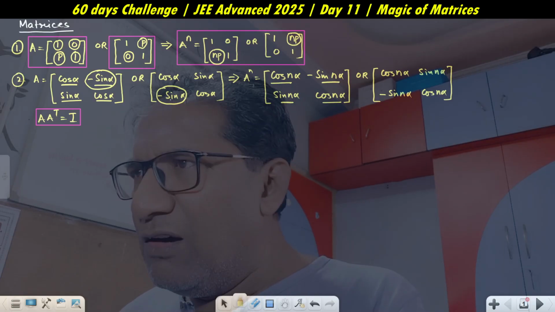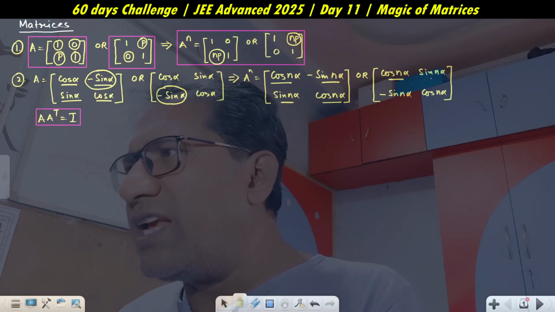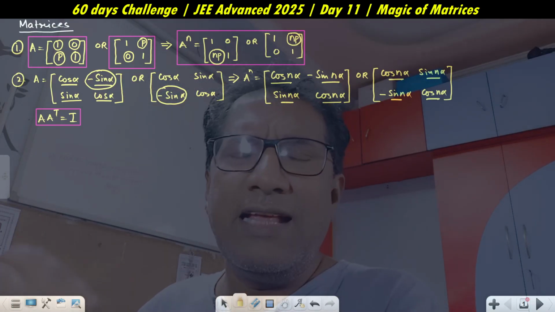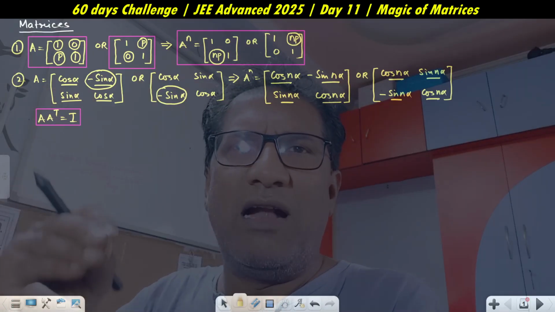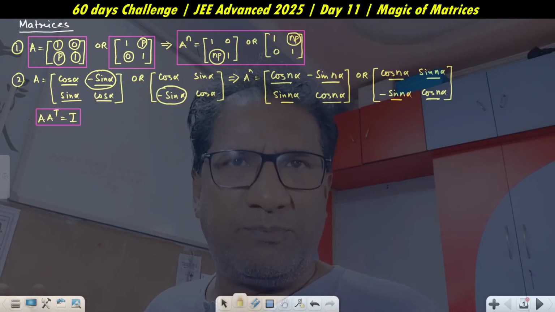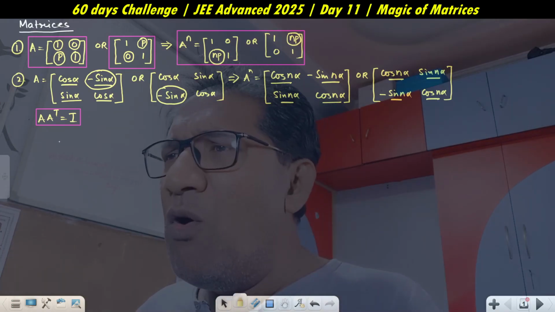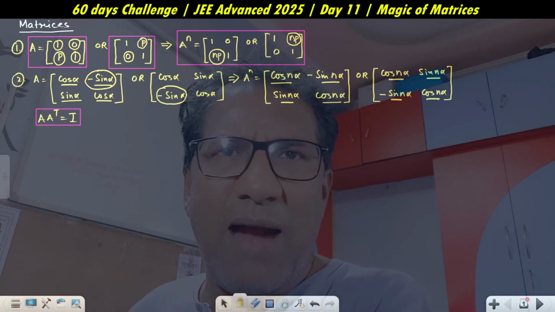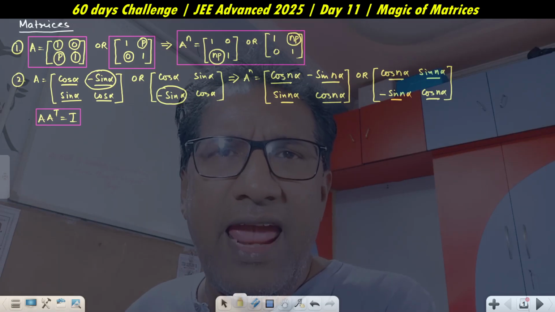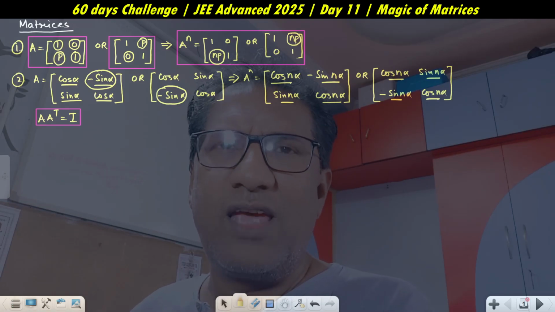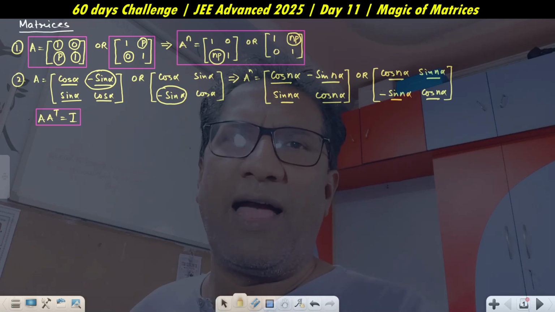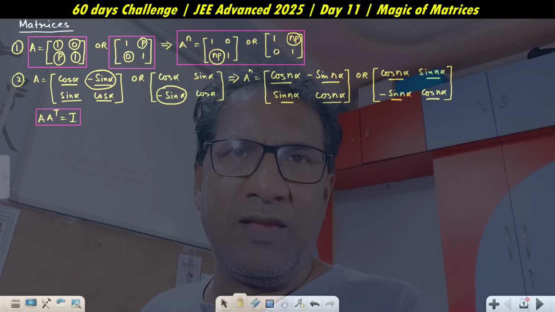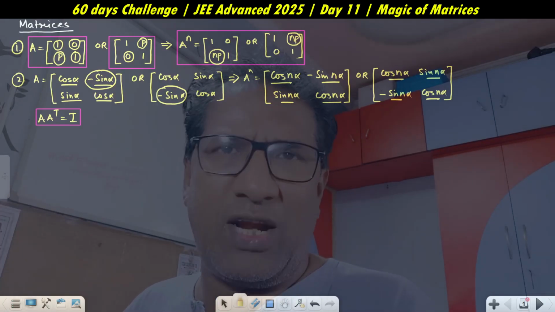Similarly, for the second matrix, it will be cos n alpha, sin n alpha, minus sin n alpha, cos n alpha. That is, your n is multiplied with the angle. That's it. And one more interesting part for this matrix is that here A into A transpose is always equal to I. A lot of problems came in JEE Main based on this matrix.